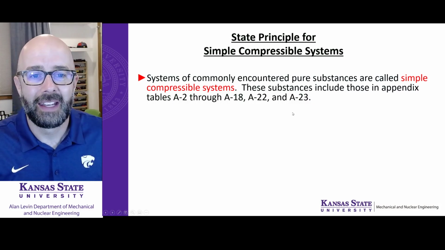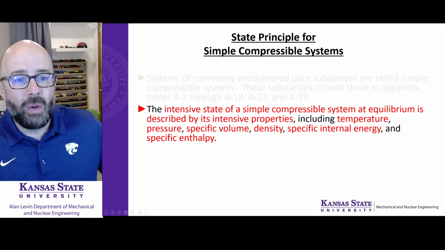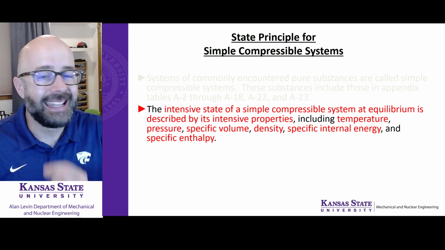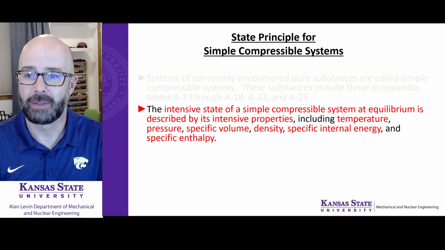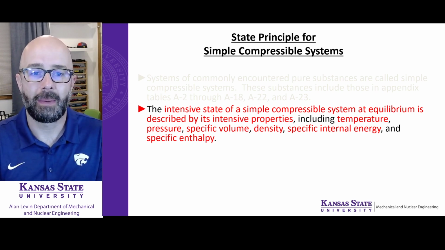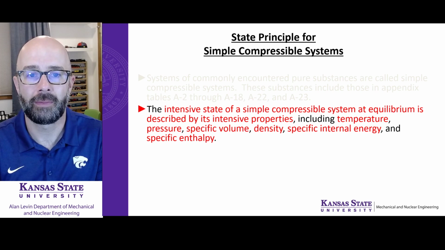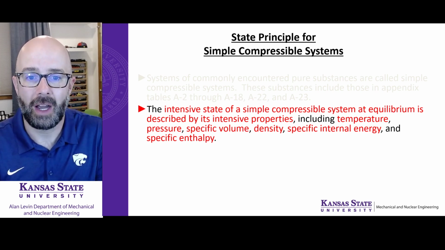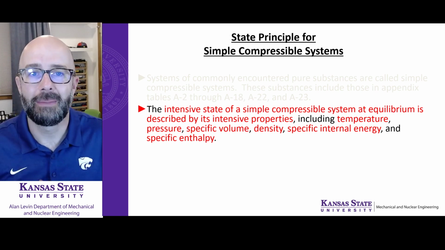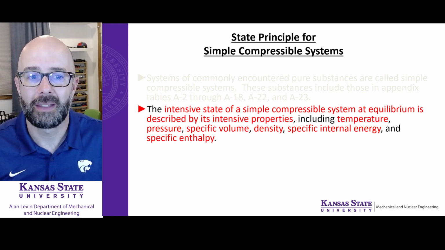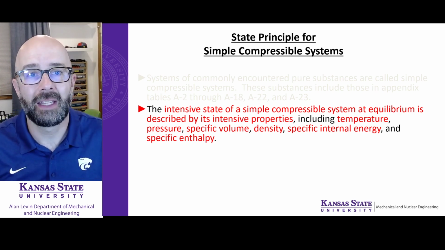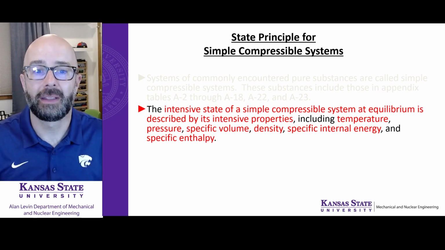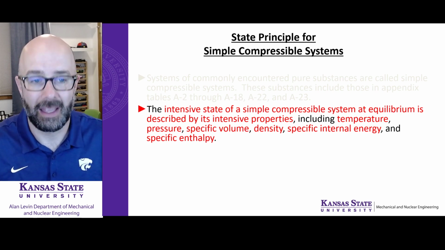Okay. Now, we want to look up the intensive state of these simple compressible systems. Okay, and we're going to describe it by its properties: temperature and pressure, specific volume, which we've already talked about, not so much density, but density kind of works into place, specific internal energy, which we already talked about, and then a new idea that we're going to investigate a little bit in this chapter is specific enthalpy.